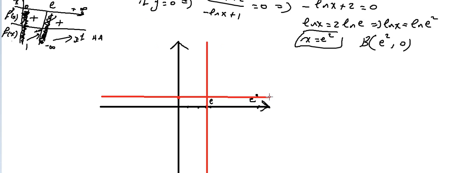Okay, this is the horizontal asymptote. What is this point? This point is e power 2. So this point over here is e to the power 2. And here I have to circle the point, because x is not equal to 0 and y is not equal to 1, it approaches (0, 1). So this is point A.